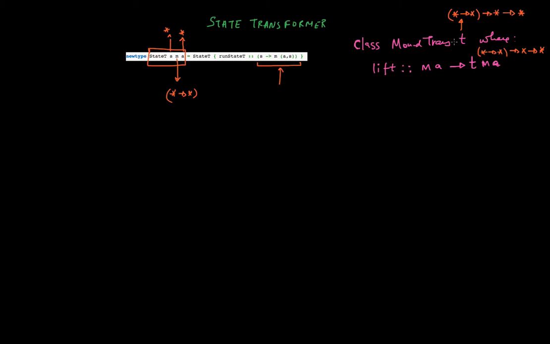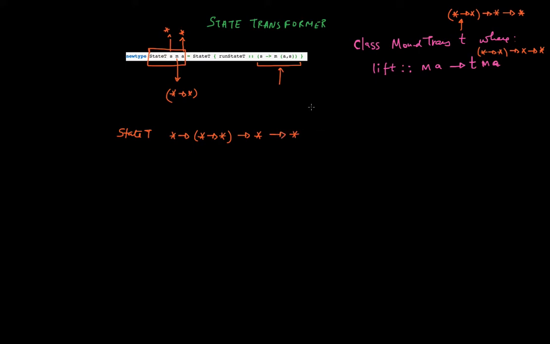What I need here is StateT s m a, so I can just partially apply it. StateT has the kind of a concrete type, and then it takes in m, and then it takes in a, and finally gives back a concrete type.